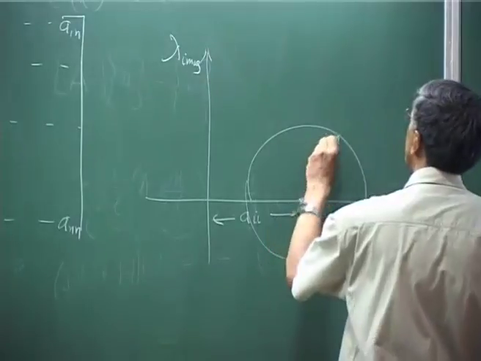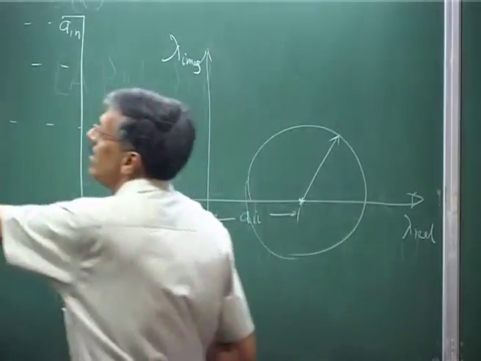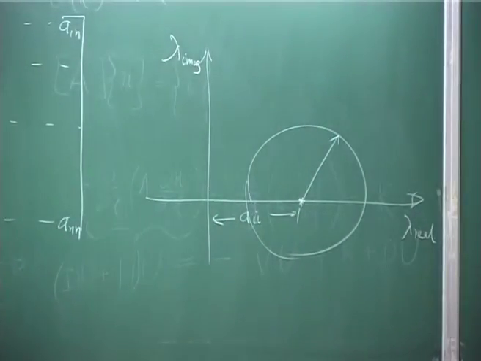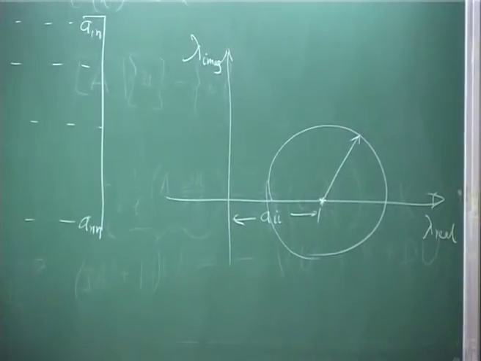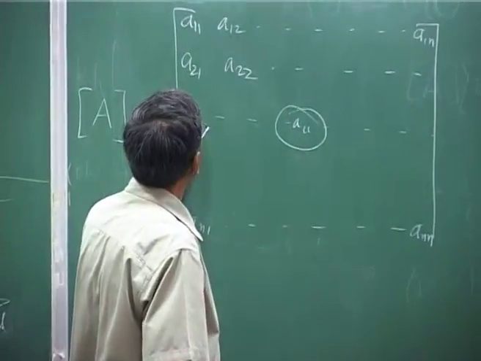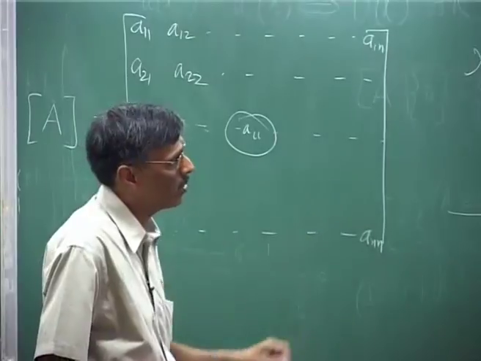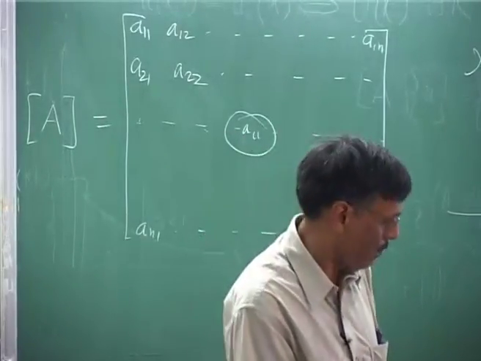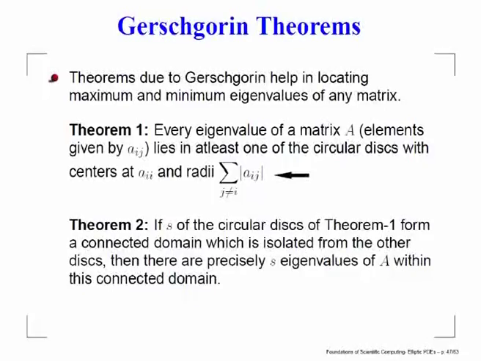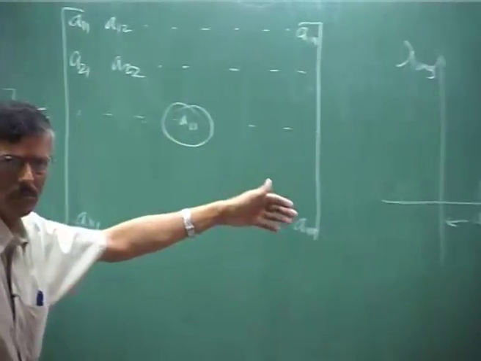This radius is nothing but the sum of the magnitudes of all the off diagonal terms in that row, right. So, I could add A_i1, A_i2 and so on, summing it all up by taking its magnitude. Of course, this excludes the i equal to j point.